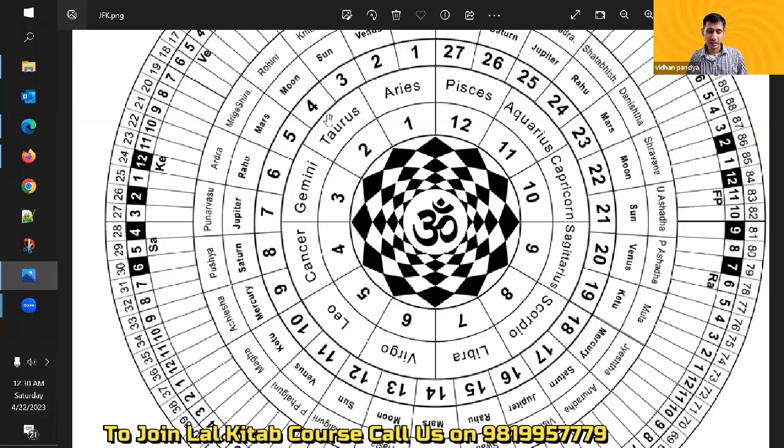Other things are all static. You see Ketu here in Aridra Nakshatra 4th Pada. It is only for JFK, not for anybody else. In somebody else's chart, the Ketu can be in Shravana Nakshatra. So the sixth circle is the variable factor.